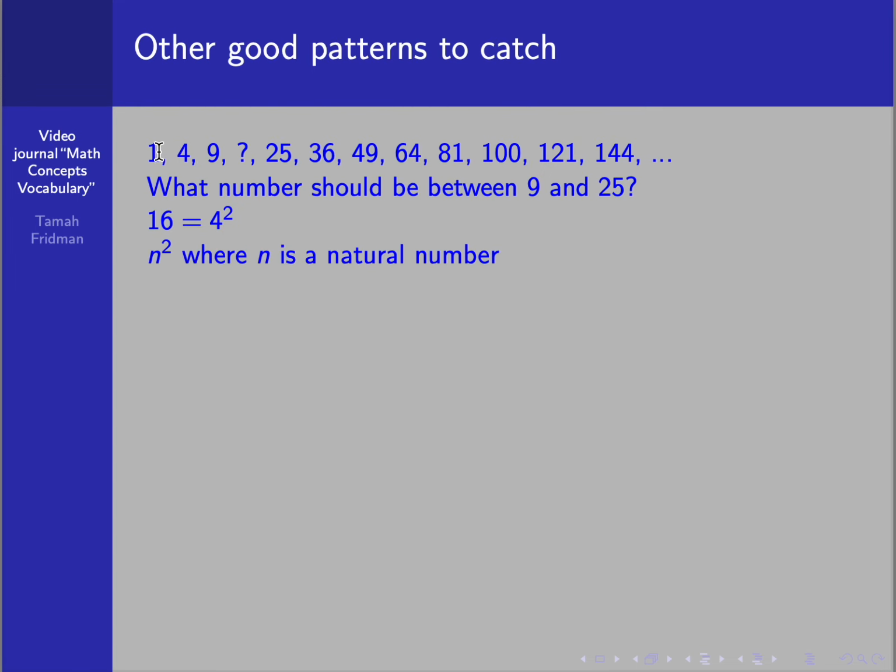And the pattern that would describe this row of numbers is n squared, where n is a natural number. Why natural? Because I don't see any negative numbers here. Well, I shouldn't see negative numbers because a negative integer squared will still be positive, but there is no 0 here.